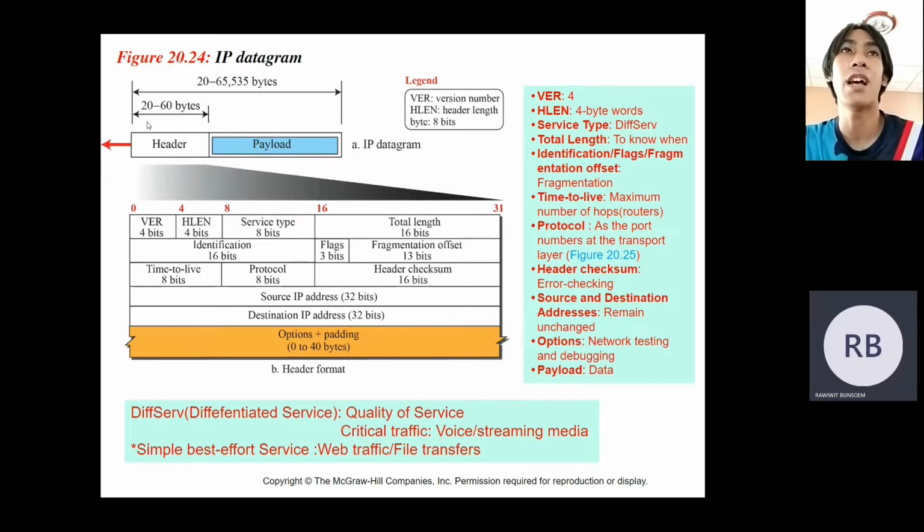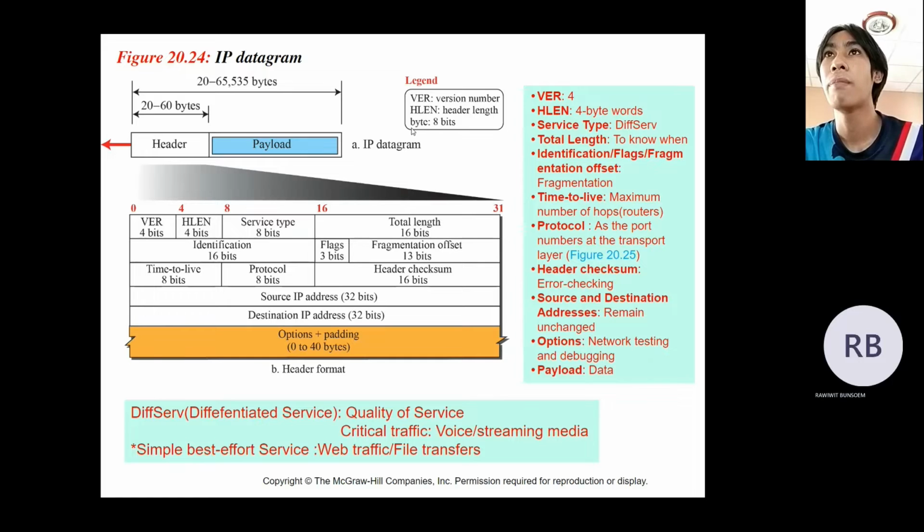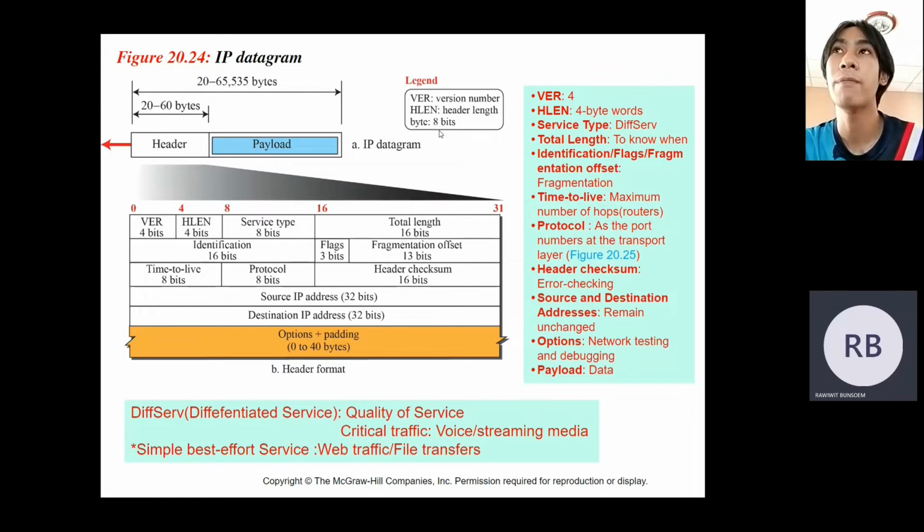The header is 20 to 60 bytes, and header and payload combined are approximately 65,000 bytes at most. The legend: VER is the version number. HLEN is the header length. A byte is 8 bits.